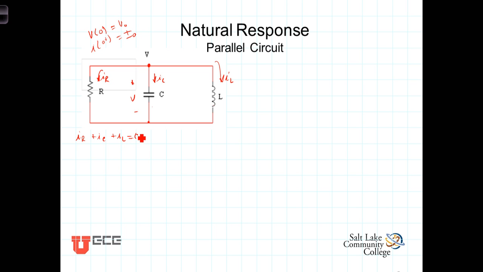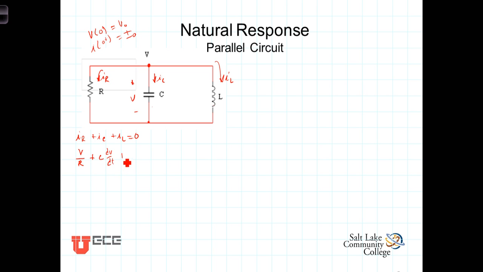Now, I sub R is just the voltage across that parallel system divided by the resistance, plus the current through the capacitor, which is just C times the derivative of the voltage.